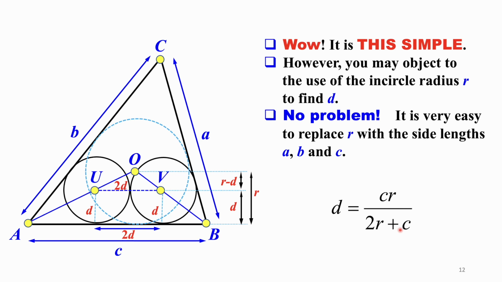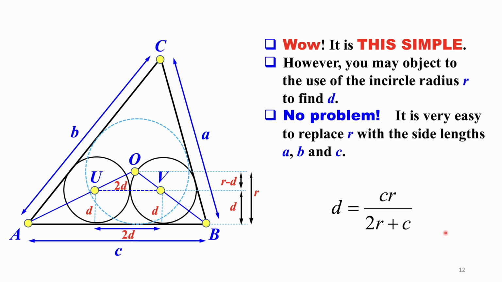However, you may not be satisfied because previously we represented the radius of the two equal radius circles by the sides A, B, and C. However, in this case, we represent D by the use of the radius of the incircle.